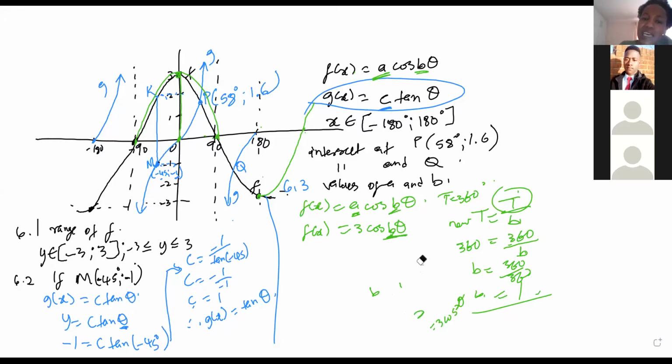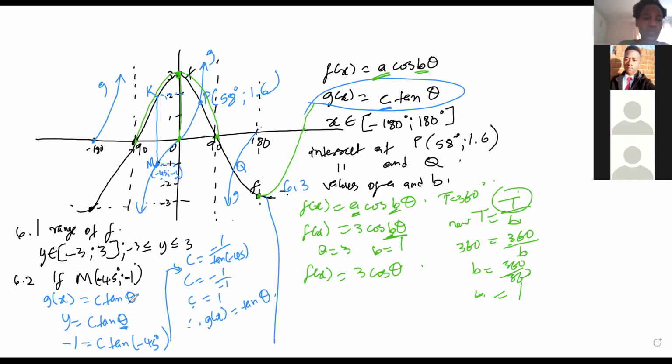In this case, the original period and the new one are still the same. Therefore, B is 1. So A is 3, B is 1, and this function f(x) will be 3 cos theta. Okay, so that's that.